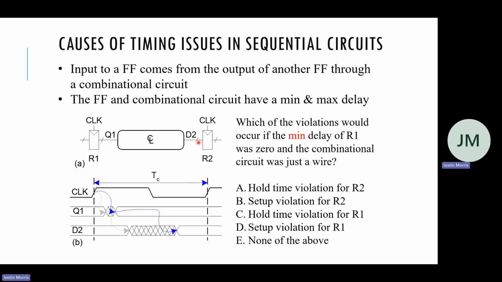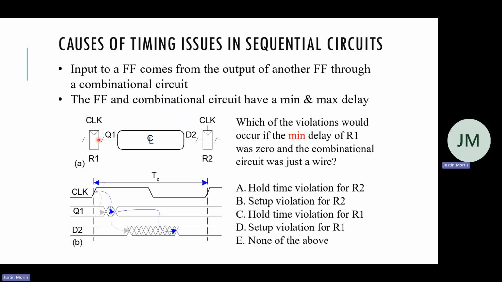Yes. So we're saying that R1 delay is zero, wouldn't that be a violation itself because you wouldn't give it enough time to begin with? R1 delay being zero is just saying that from clock to Q, it takes 0 time.